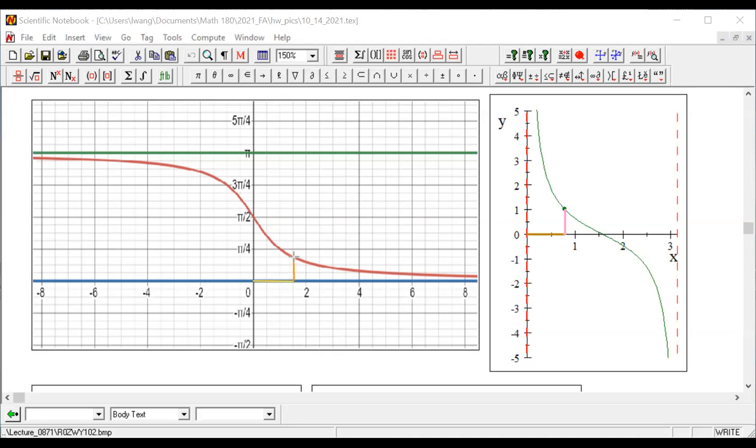So this point is root 3, comma, pi over 6. Did you get it, guys? That's how you do it.